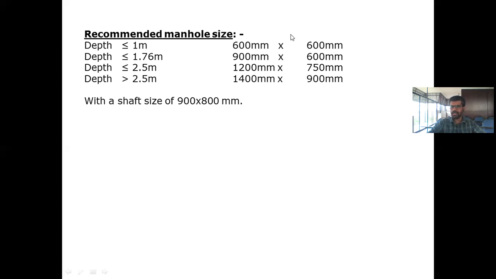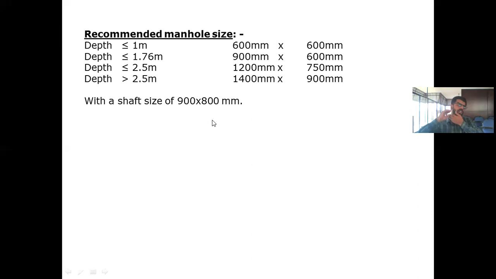These are rectangular manholes only. If it is greater than 2.5 meter, 1400 into 900 mm is the manhole size, with a shaft size of 900 into 800 mm.